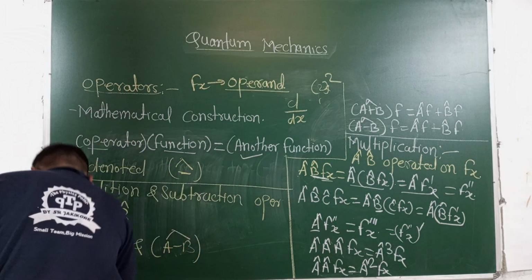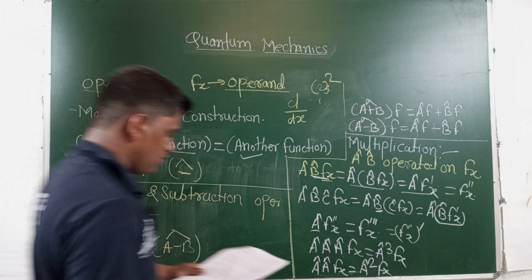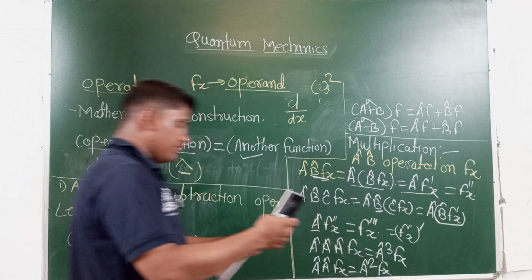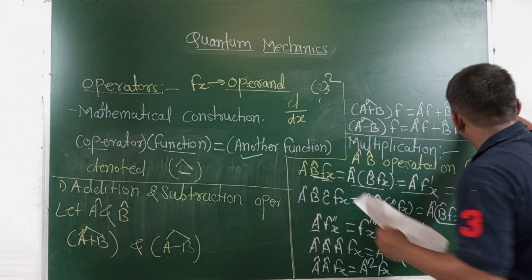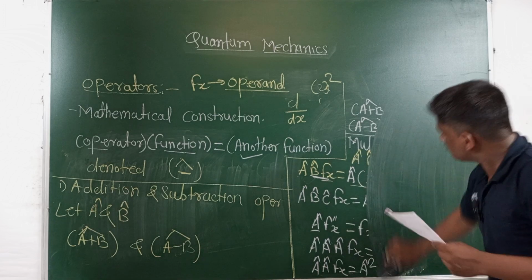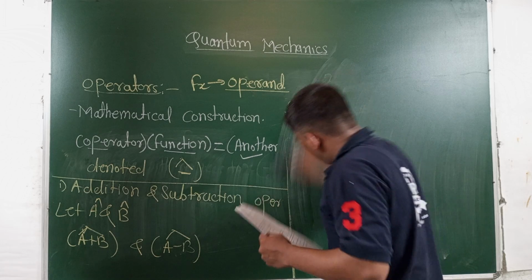Now let's go to the third, that is linear operators. What is the operand? What is the operator?